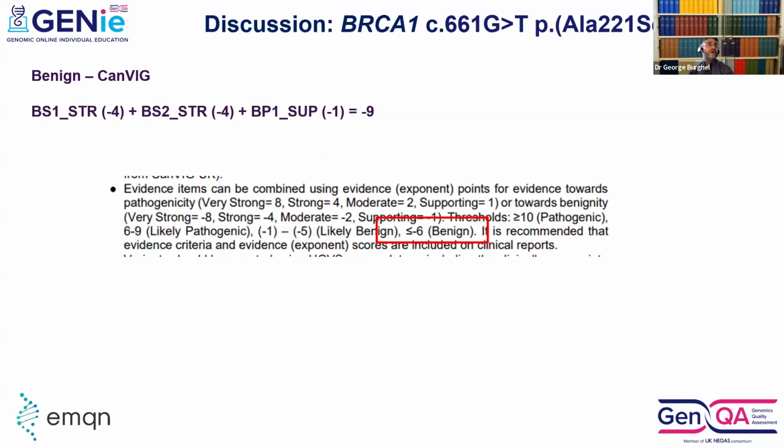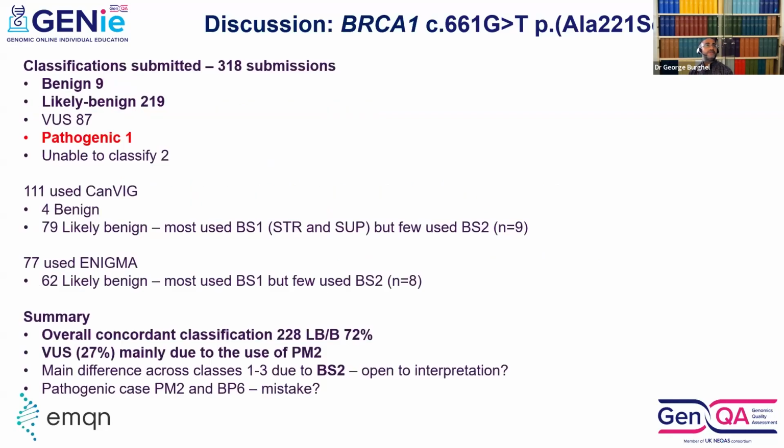These all give us a total of -9 points on the exponent score, which meets the criteria for a benign classification. Again, BS2 was one of the ones that was used differently, but without that, you will go down to likely benign.